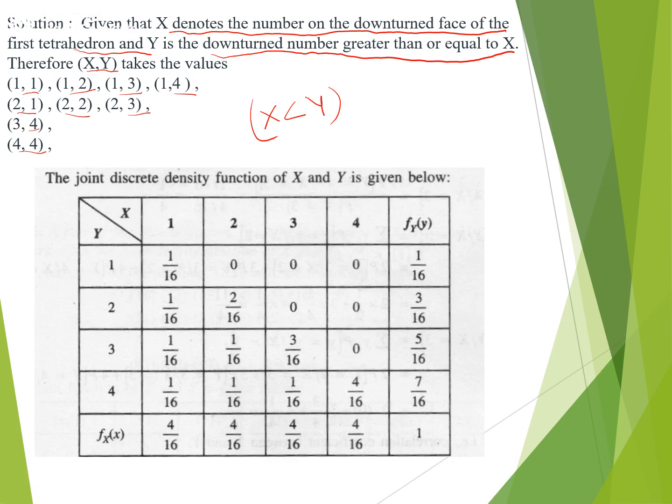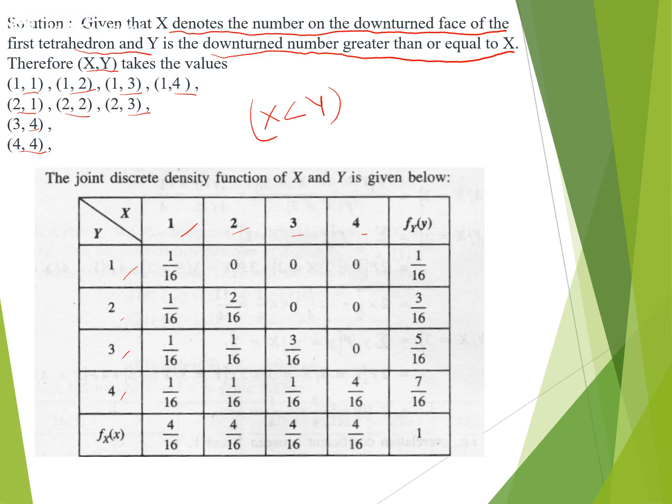The condition is given in the example. So the table of the joint distribution function has x taking the values 1, 2, 3, 4 and y taking the values 1, 2, 3, 4, because x and y are faces of the tetrahedron.